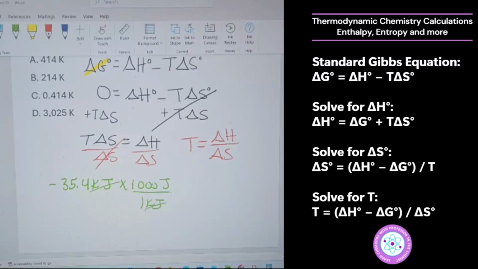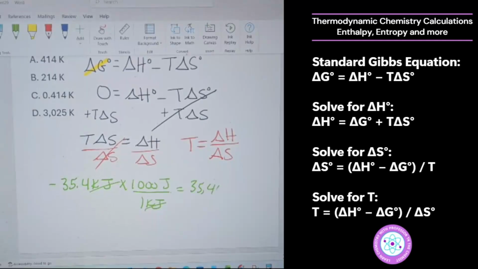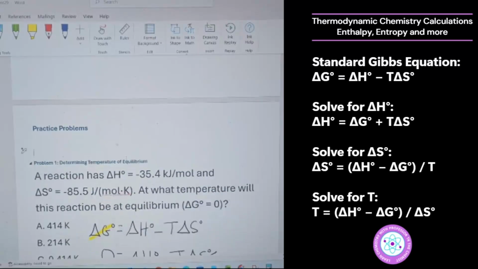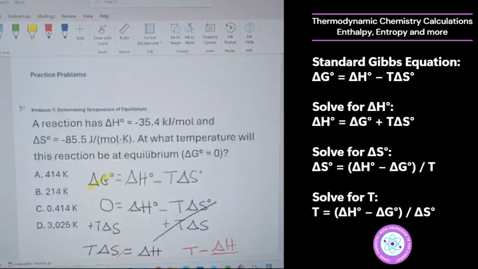So if we plug this into our calculator, that's going to be equal to 35,400 joules. Now, I put that there because I want to make sure that I have that already in place when we do our actual problem right here, okay? So let me scoot this back on up so we can have some space.